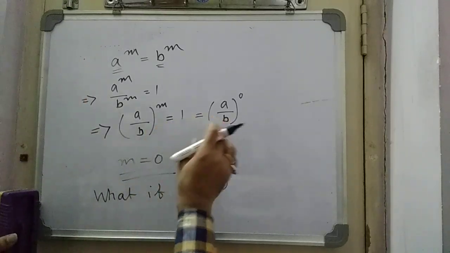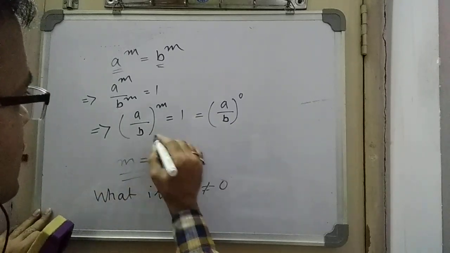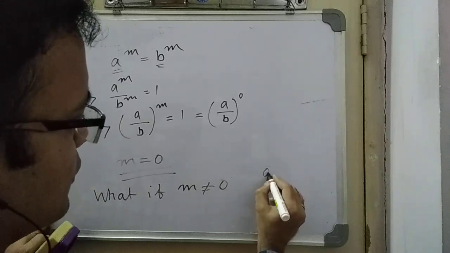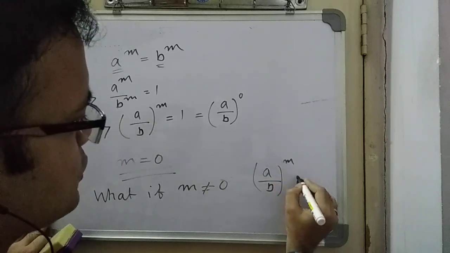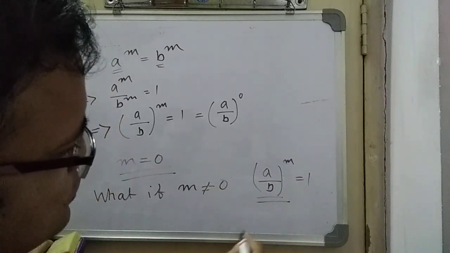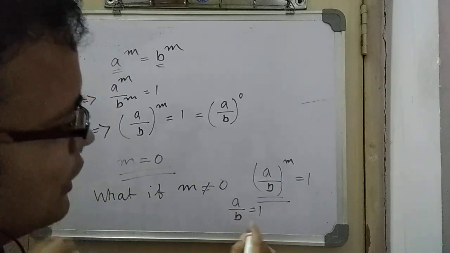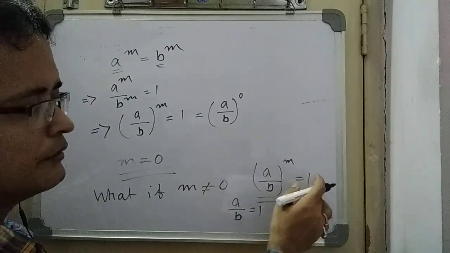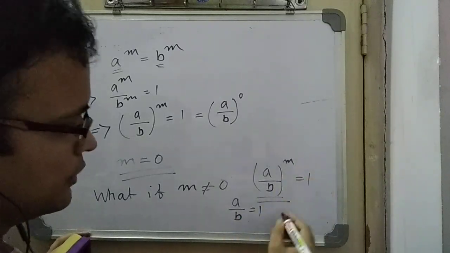If m is not equal to 0, in that case we know a by b to the power m equal to 1. So for this to hold true, a by b should be 1, as we know 1 to the power any real number is 1.